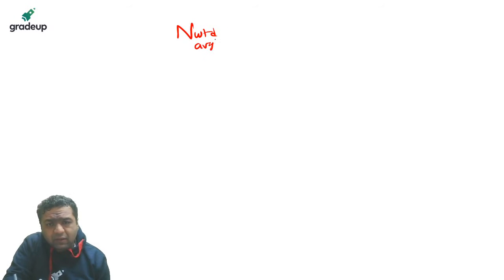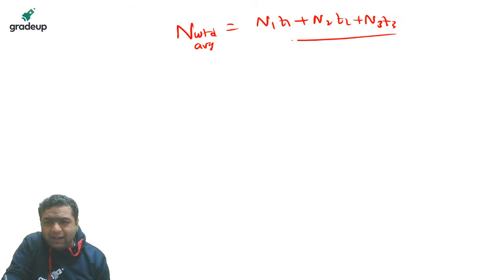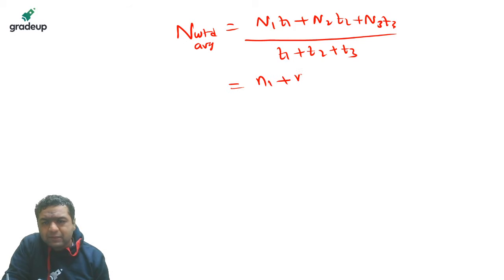I am showing it on the next slide. Weighted average is N1 T1 plus N2 T2 plus N3 T3 divided by T1 plus T2 plus T3.